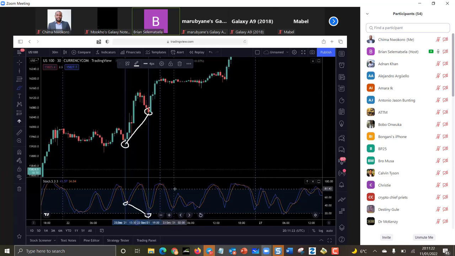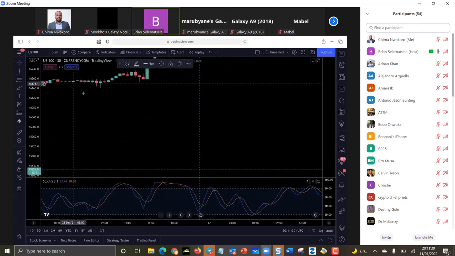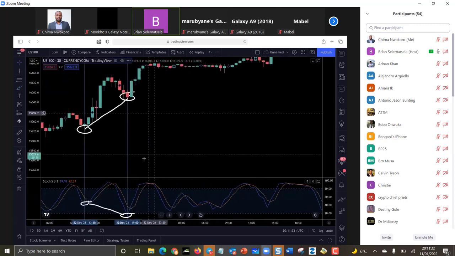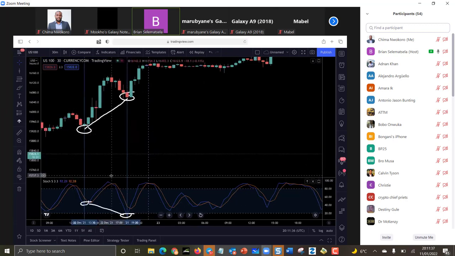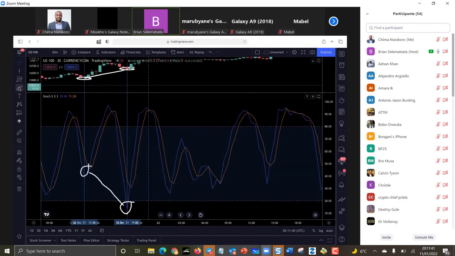But in this case, the stochastic has hit the overbought. After the overbought is hit, we confirm our buy with the crossing over here, the crossing between those 2 lines.